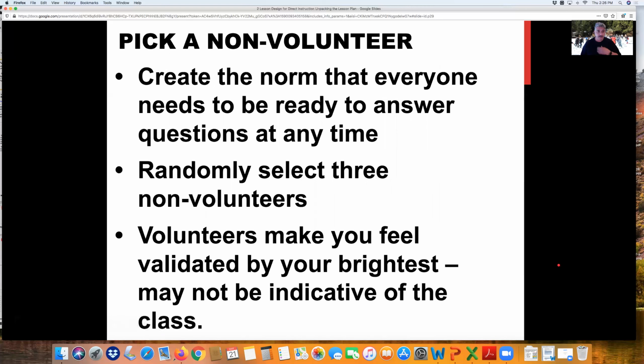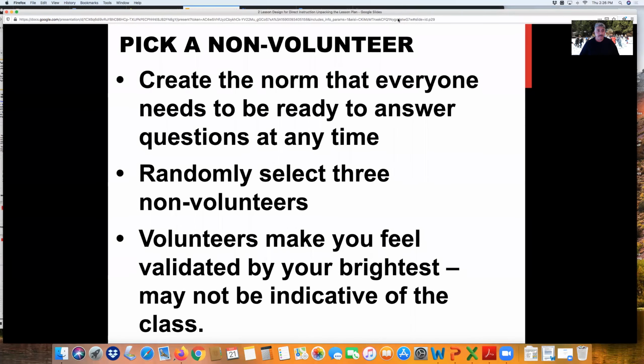So the way you deal with this is by picking a non-volunteer. Create the norm that everyone needs to be ready to answer questions at any time. Randomly select 3 non-volunteers. Volunteers make you feel validated by your brightest, but it may not be indicative of the class. And you can do this in a variety of ways.